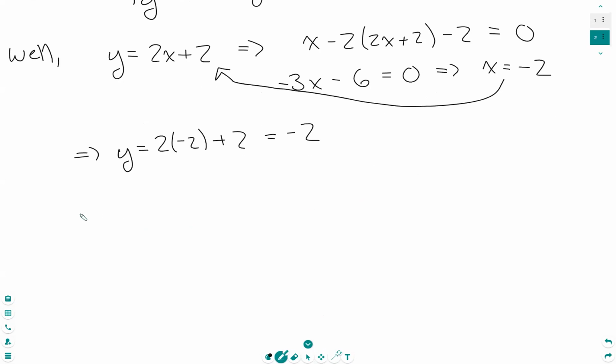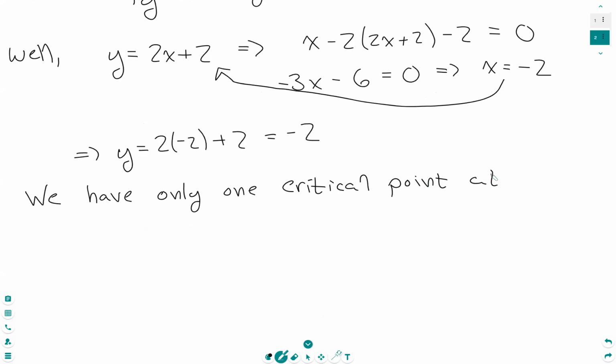So we have only one critical point. You might see examples where you have more than one critical point, and in that case, you would definitely have to test each one. But lucky for us, we only have one critical point here.